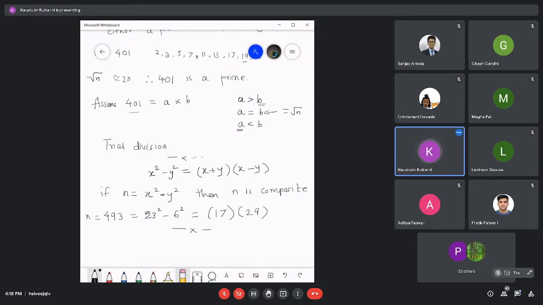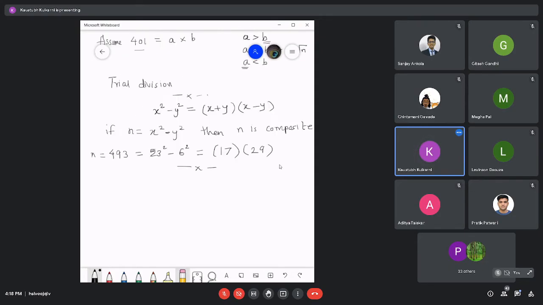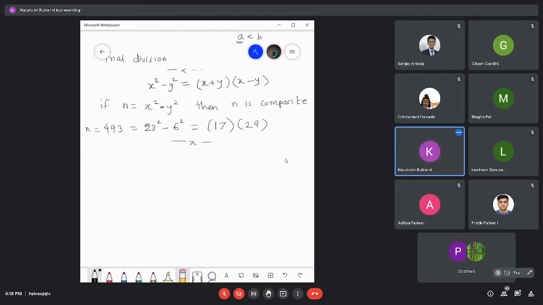So given any number, this is your n that is given. How will you find out whether it is composite basically? So the first way is, we want to find whether n is equal to x square minus y square. Now this can also be written as n plus y square equal to x square, taking y square to this side.